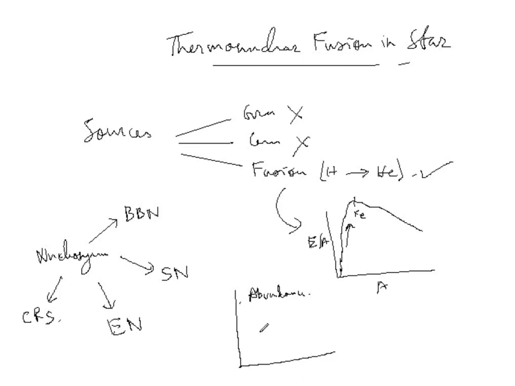And now we are set on a path to explain the abundance of the elements, and we will be using our ideas of nuclear physics and fusion, and then we will apply it in stars, and thereafter we will try to explain the abundance of the various elements.